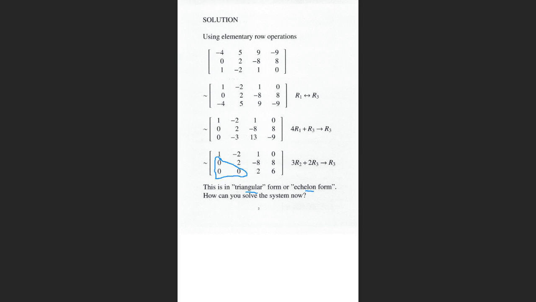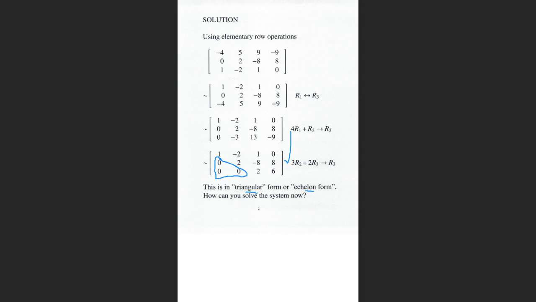And we're really happy because, can we determine the value of one of the variables based on that augmented matrix? The variables, remember, were x1, x2, and x3. Which variable can we determine?